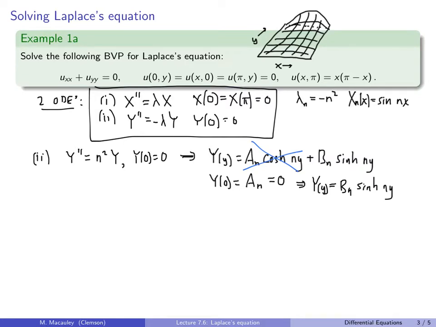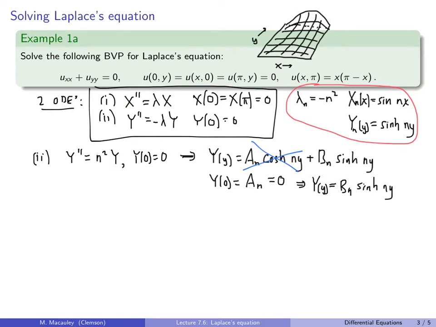So I'll drop that B_n and say y_n of y equals sinh of ny. So this is our solution to these two boundary value problems.